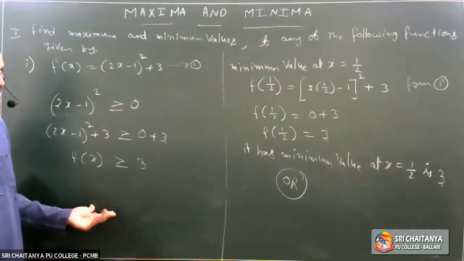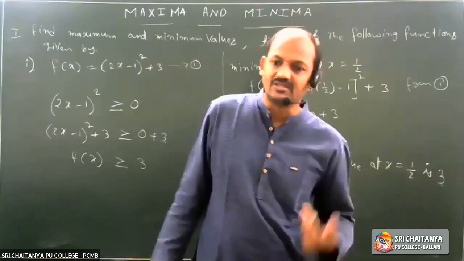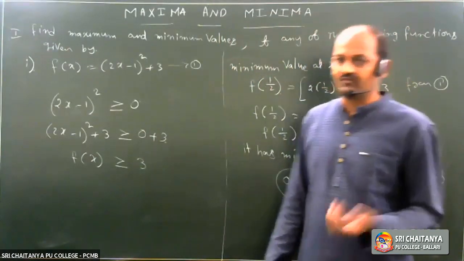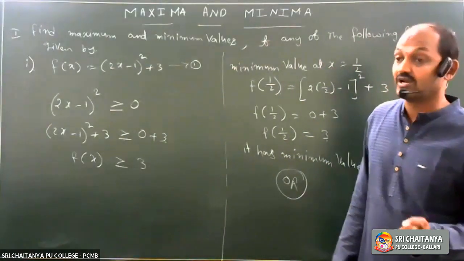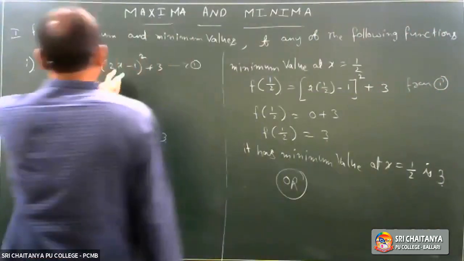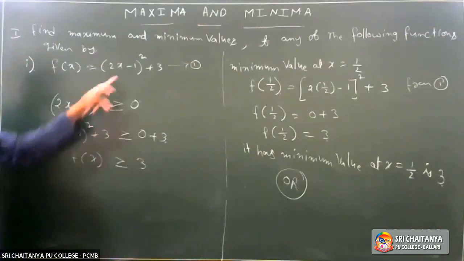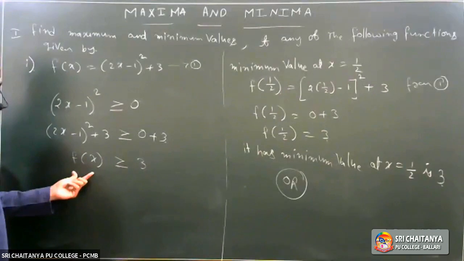It is the second process. In our first method, first derivative, second derivative positive means minima. Then consider the first derivative equal to 0, we get the x value. That x value, substitute in the given function, we get the minimum value. Second, 2x minus 1 whole square is greater than or equal to 0. Then adding 3 on both sides gives the given function.